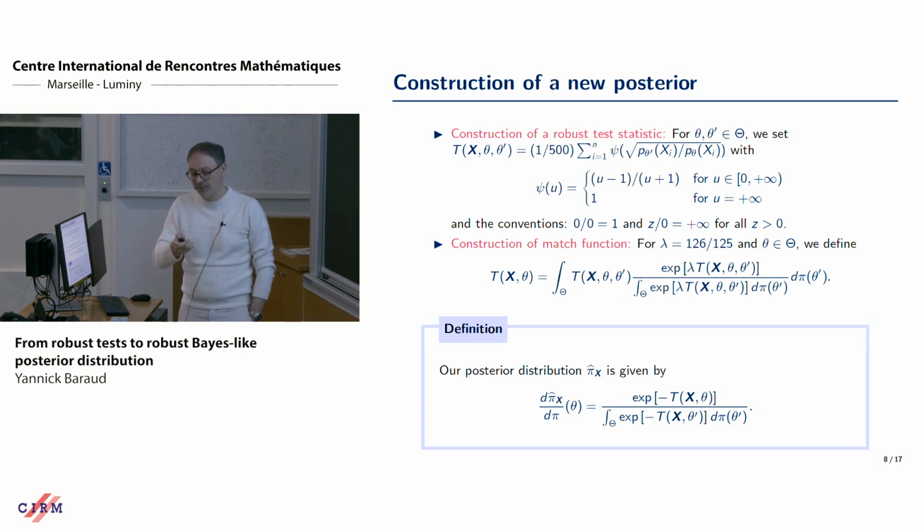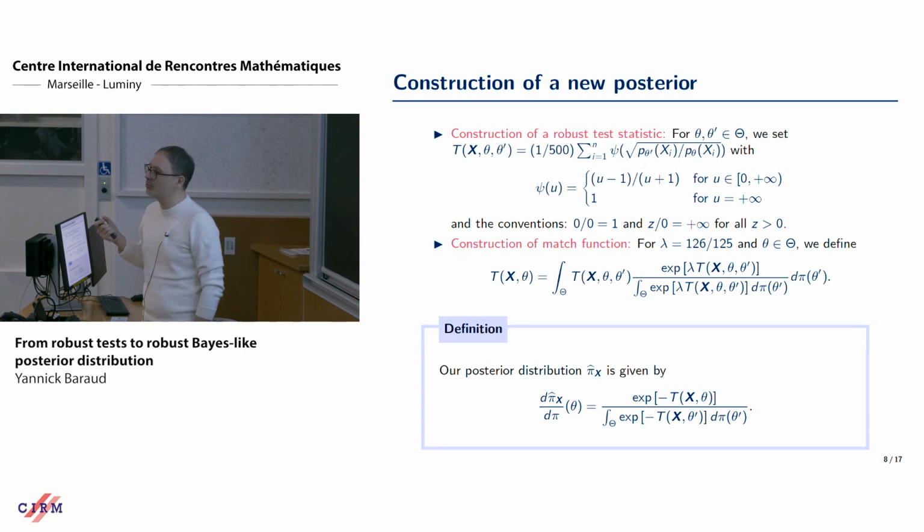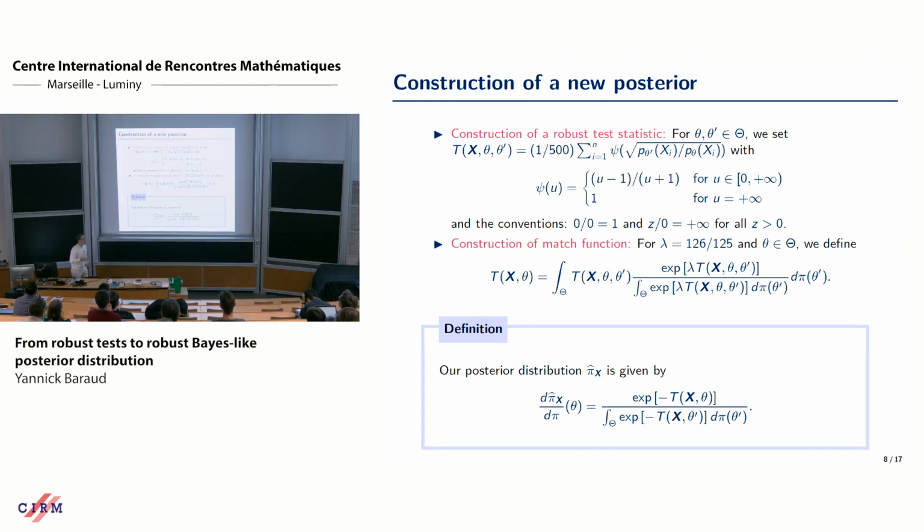In fact, if you replace this psi by a logarithm, or something proportional to a logarithm, with suitable numerical constants, you will end up here with the classical Bayes posterior distribution. So there's a connection between these two constructions.